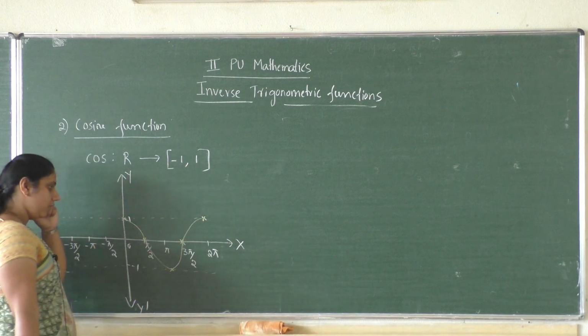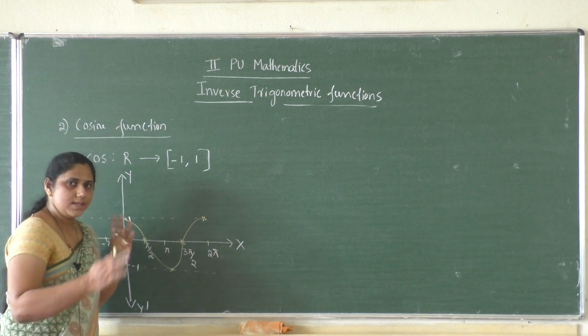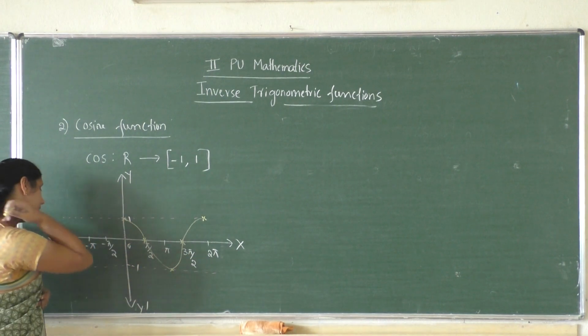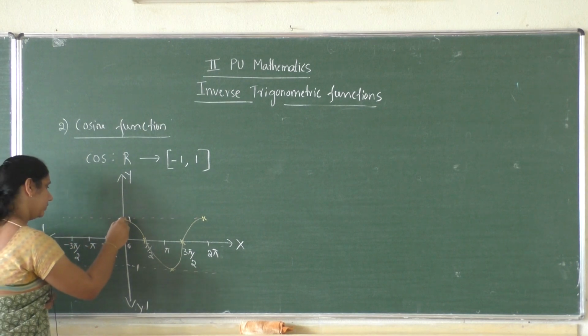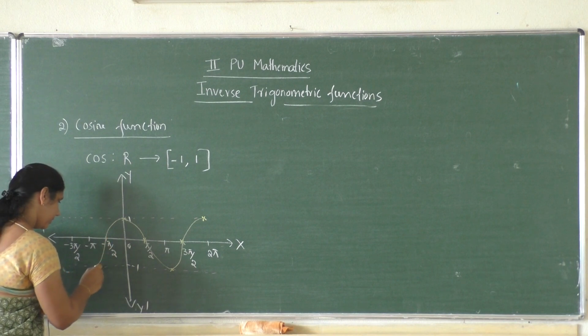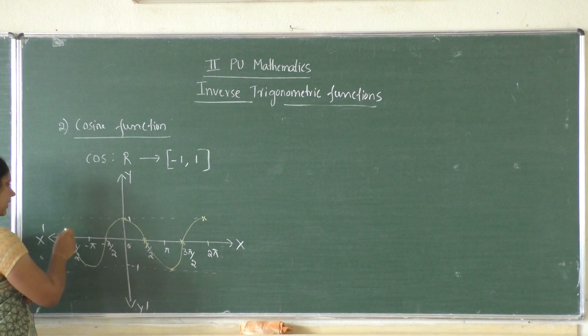This is the graph of cos in 0 to 2 pi. The same graph repeats. That is, if x is minus pi by 2, then the value is 0, at minus pi it is minus 1, at minus 3 pi by 2 it is 0, and at 2 pi it is 1.